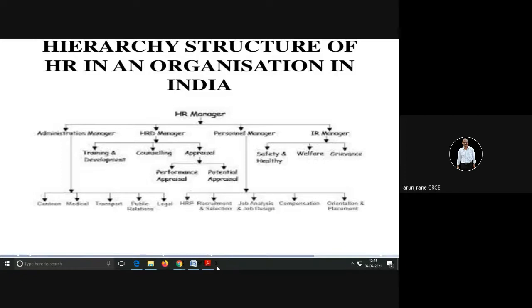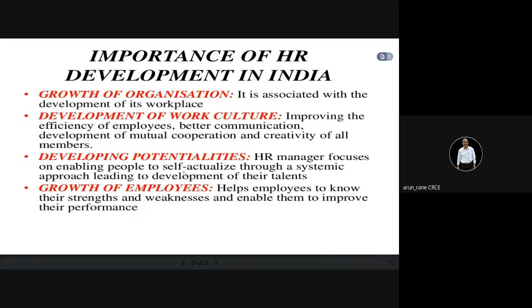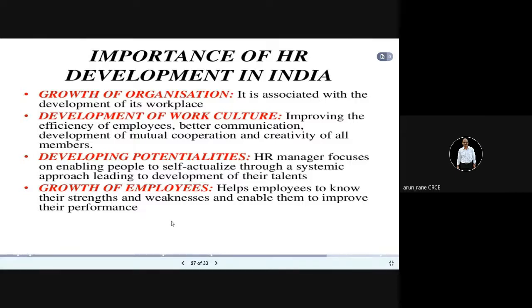That is a kind of facility they had given to their staff. So why is it important? Because that is going to help organization growth, work culture development, and growth of employees.